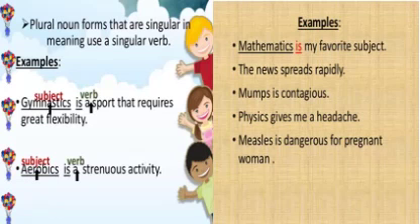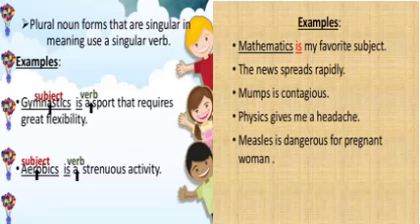For example, gymnastics. Here you can see that it looks plural, but the verb is singular. Second, aerobics. Aerobics looks plural, but it is singular. That's why we are using the singular verb is here.